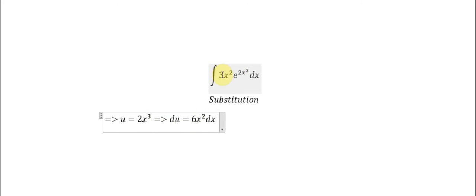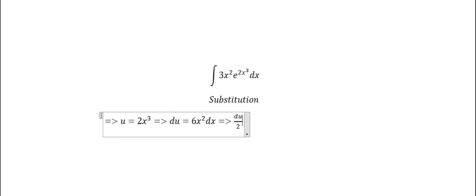Because here we have the number 3 but there we have the number 6, we can divide du by 2. So this changes to 3s^2 ds, which is similar to du divided by 2.